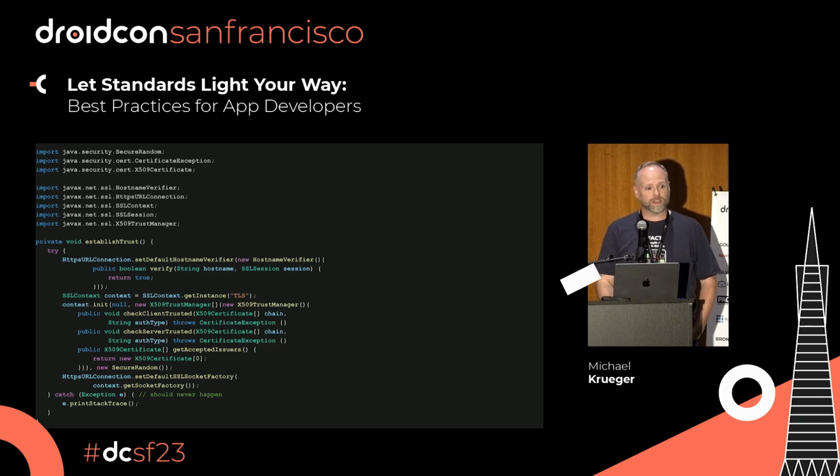So these two errors combined will actually trust all certificates, or essentially eliminate all protection that you would have in SSL or TLS. So with this implementation, you would essentially have the same security as plain HTTP, even if you're exchanging sensitive data.